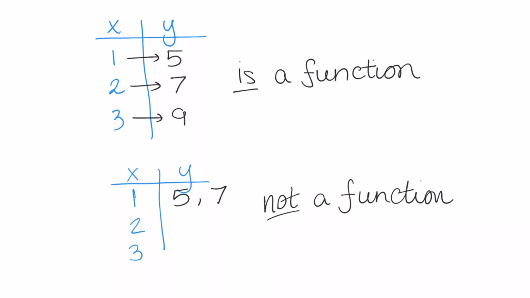So to recap, any set of numbers that have a relationship are going to be a relation, but specifically we call them a function when there's only one y to go with one x. And when you take your table of values with x's and y's, you can write them together as a coordinate point and plot them on your graph.